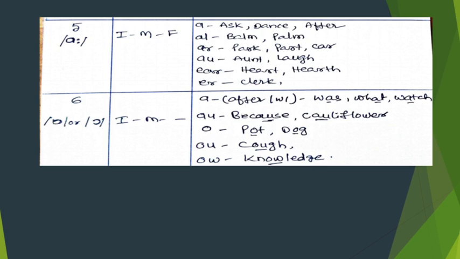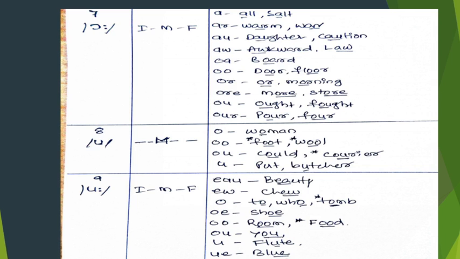With O: pot, dog. Don't say it with the wrong vowel. OU in cough. OW in knowledge. Okay, let's move on.